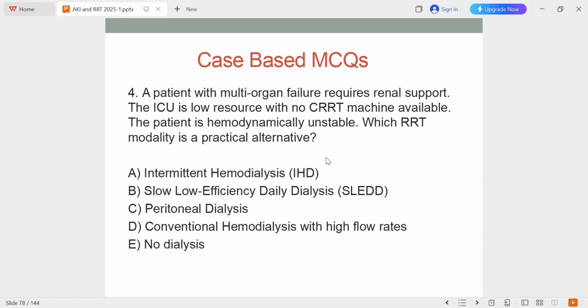A, intermittent hemodialysis, B, SLED, C, peritoneal dialysis, D, conventional hemodialysis with high flow rates, E, no dialysis at all. B. I'm hearing B or C. Low efficiency daily dialysis. Correct.